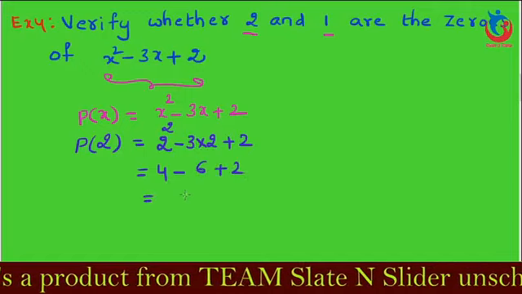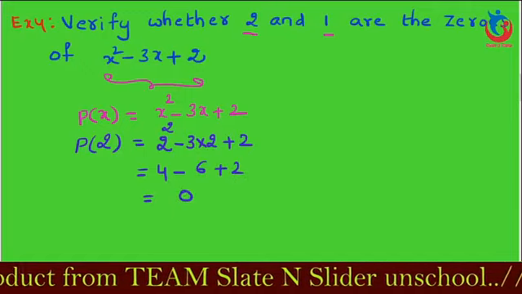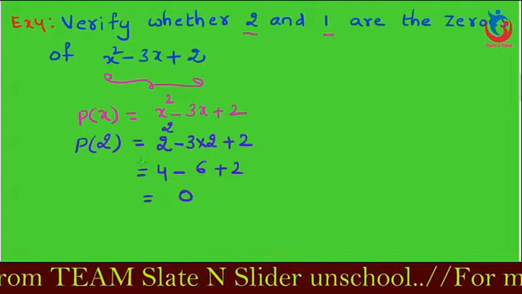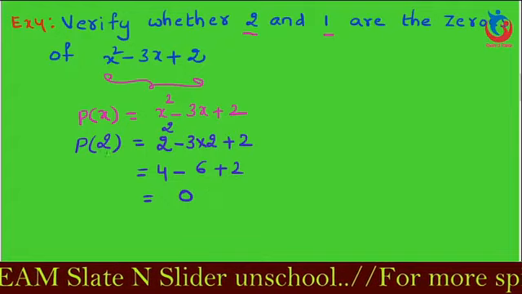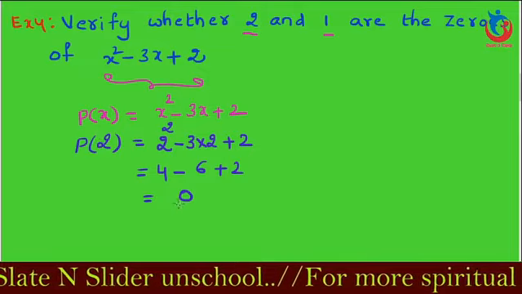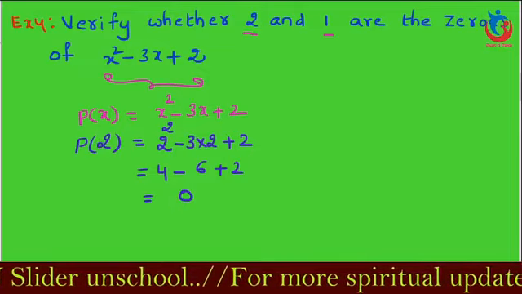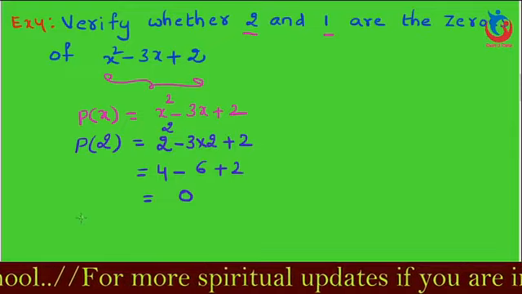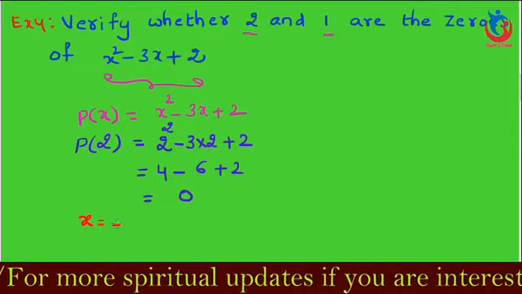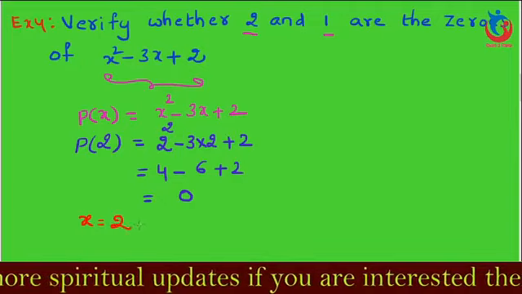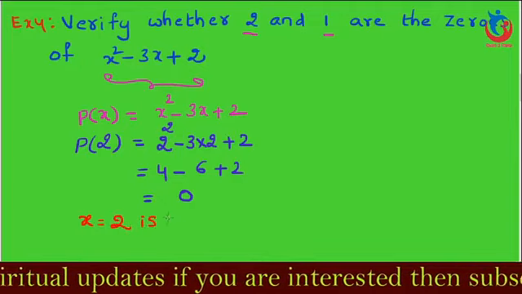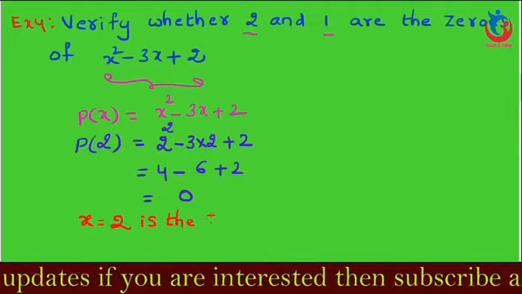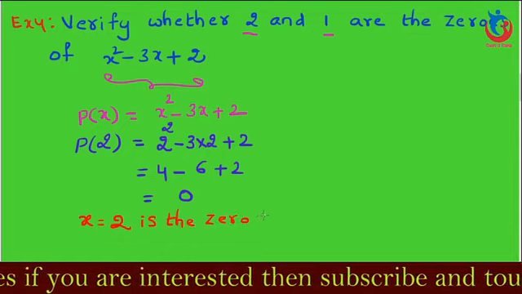By simplification, we got 4 minus 6 plus 2, which is 0. By substituting 2, we got the answer 0. From this, what can we say? We can say that x is equal to 2 is the 0 of this polynomial.